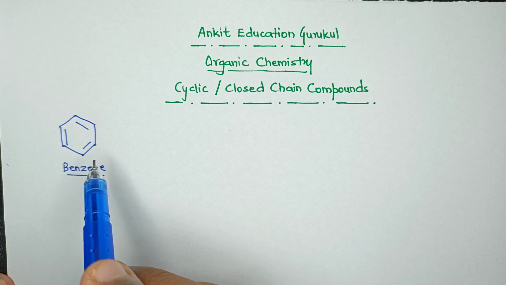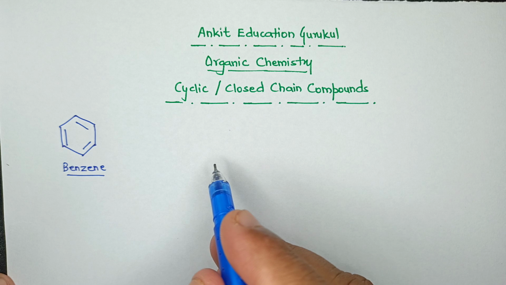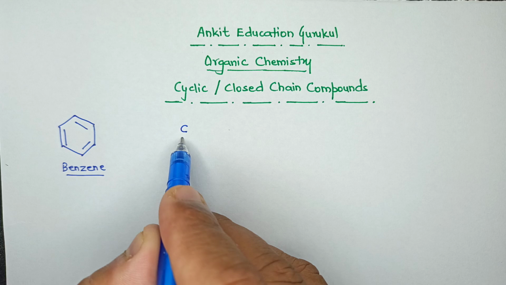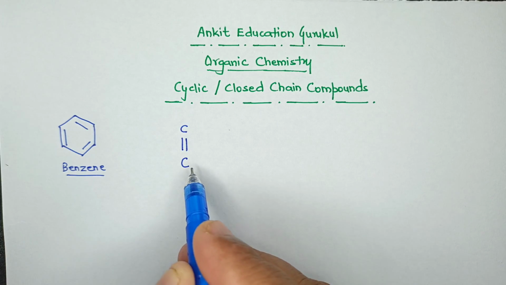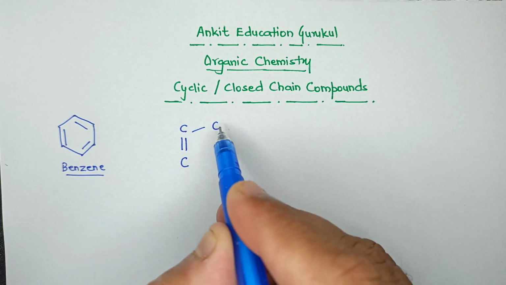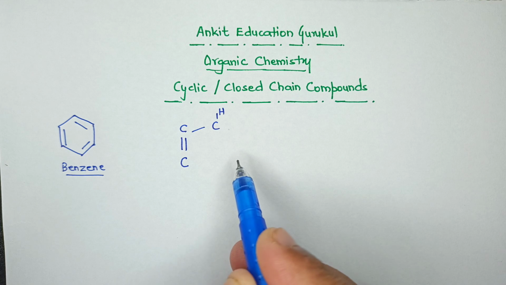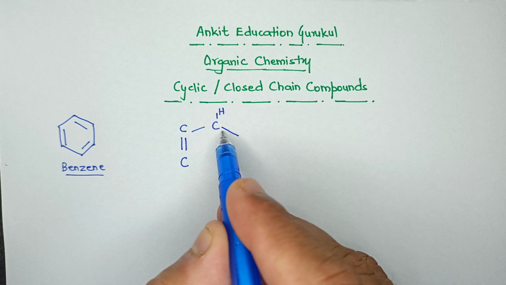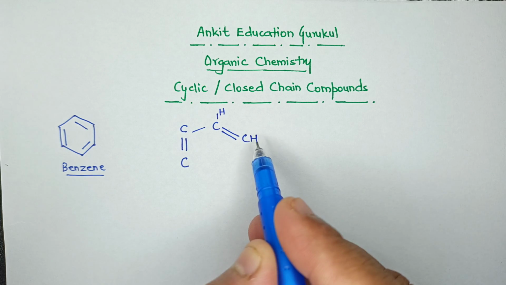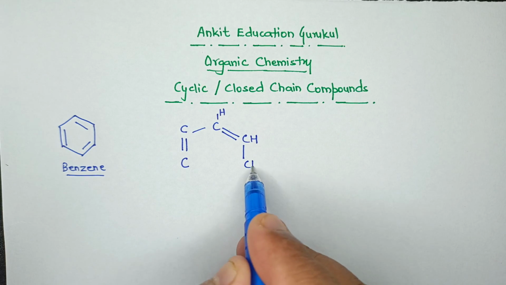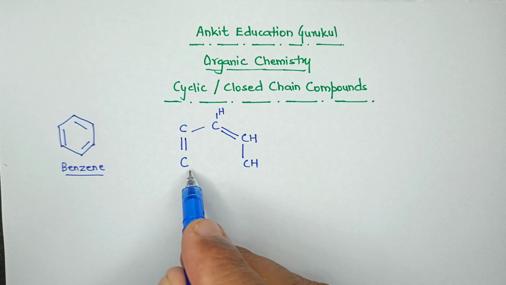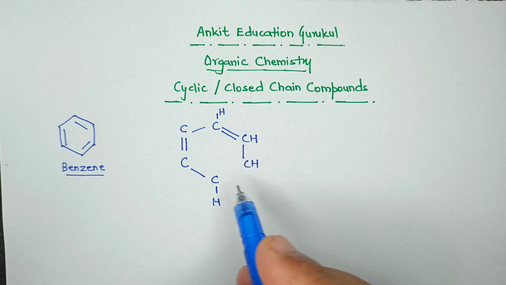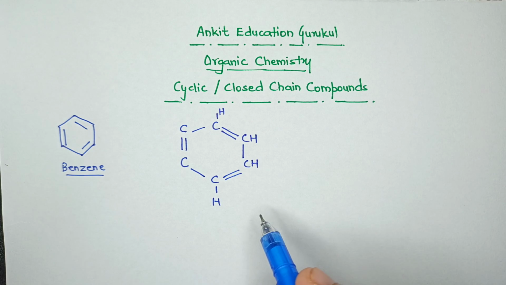Let me draw another example that is known as naphthalene. In naphthalene, you have a carbon double bonded on this position, then a carbon here attached to a hydrogen, and then a double bond here with CH, then a single bond CH over here, then a carbon attached to a hydrogen, and then a double bond in this place.